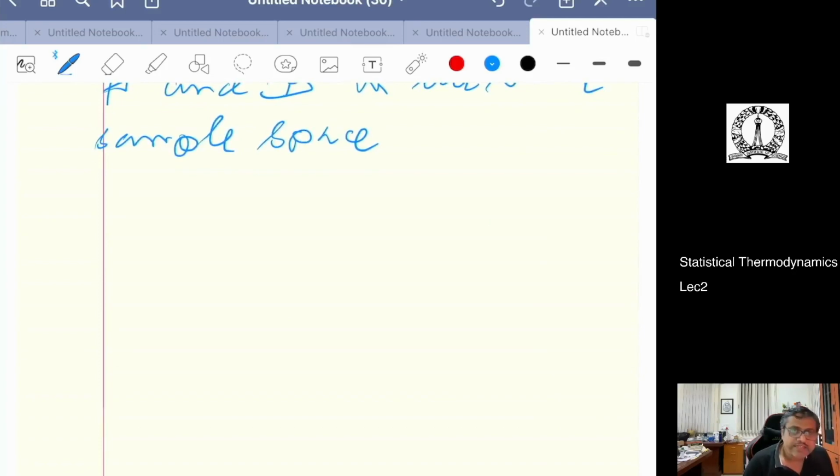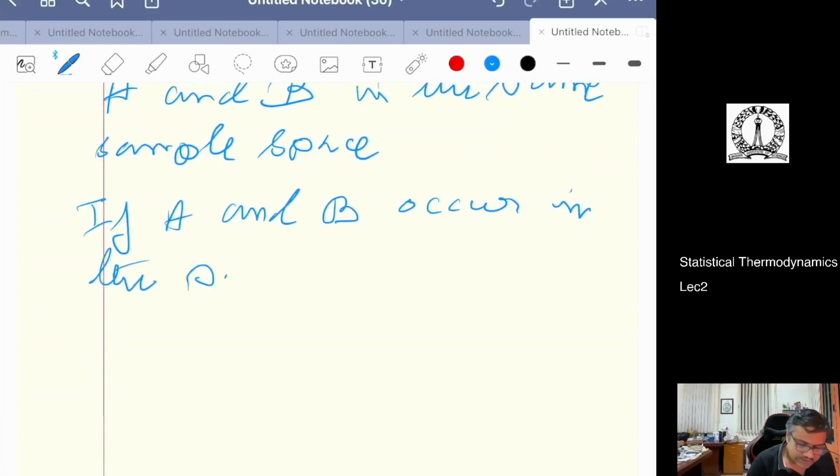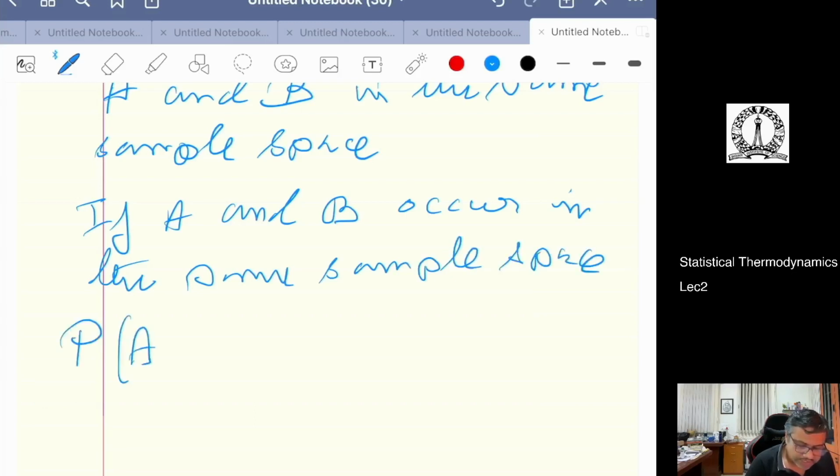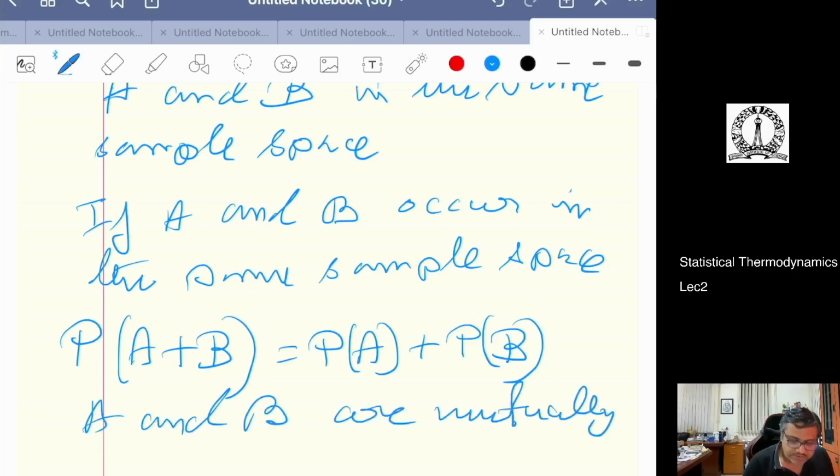Now, if A and B occur in the same sample space, then probability of A plus B is probability of A plus probability of B, because A and B are mutually exclusive.